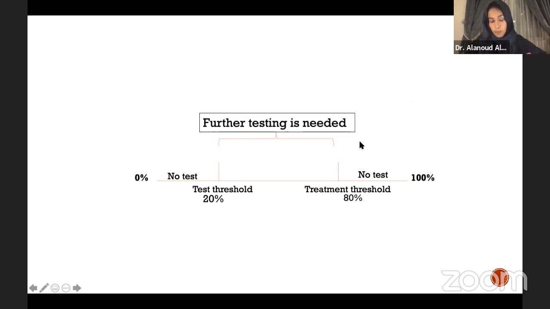On the contrary, on the other extreme, when your pretest probability is beyond the treatment threshold, meaning it is very high, 80% and above. Do we need to do testing? I'm not sure if I have a good example, but I'll give you a different example, an extreme of the one I gave.